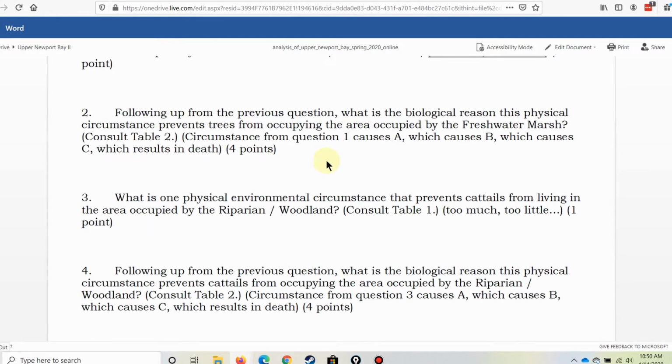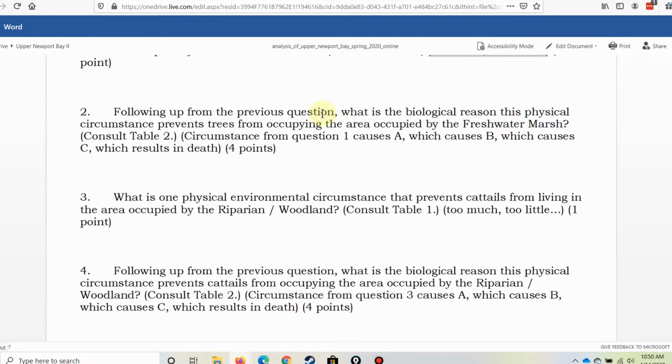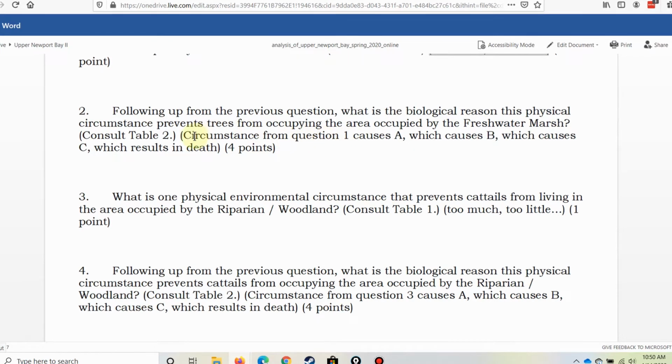So now the follow-up question, let's go to Table 2, says, what's the biological reason that this physical circumstance prevents trees from occupying the area? Now this one's a little bit more involved, because what I want from you here is going to be multiple steps.